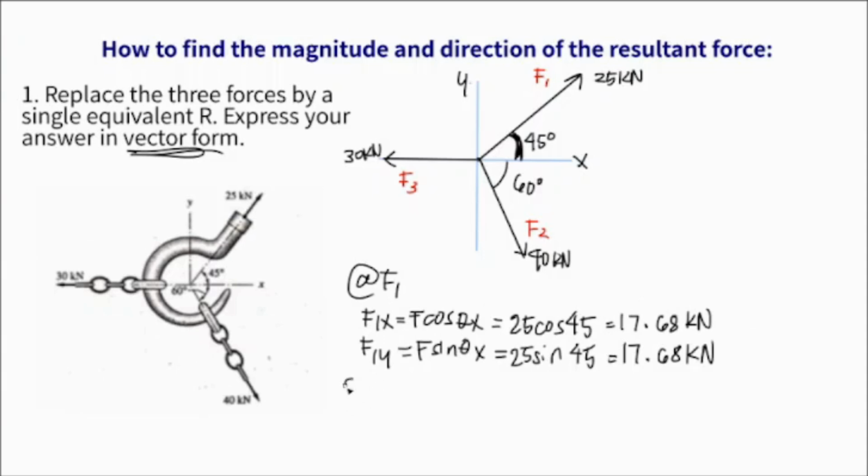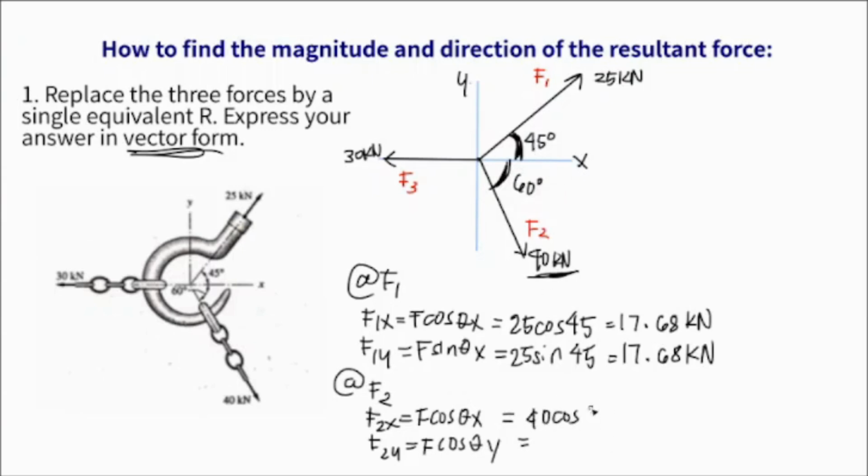Let's move on to F2. F2 is in the fourth quadrant, and the angle is with respect to x, so we use the same formulas as F1. F2x is F cosine theta x and F2y is F sine theta x. The magnitude of force 2 is 40 kilonewtons, and theta x is 60 degrees.